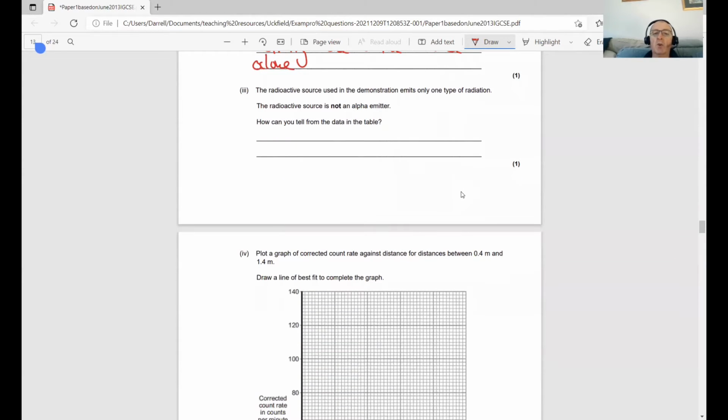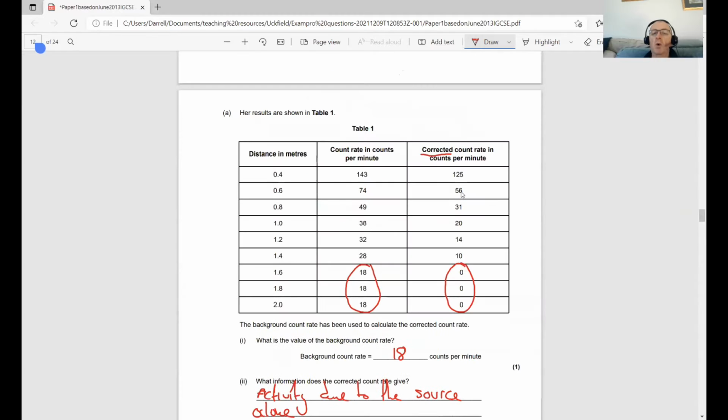The radioactive source used in the demonstration emits only one type of radiation. It is not an alpha emitter. How can you tell from the data in the table? So if it was alpha, what would be happening? Well, if it was alpha, then with a few centimeters distance, possibly even at this distance, 40 centimeters, certainly 40 centimeters, this would be the background count.